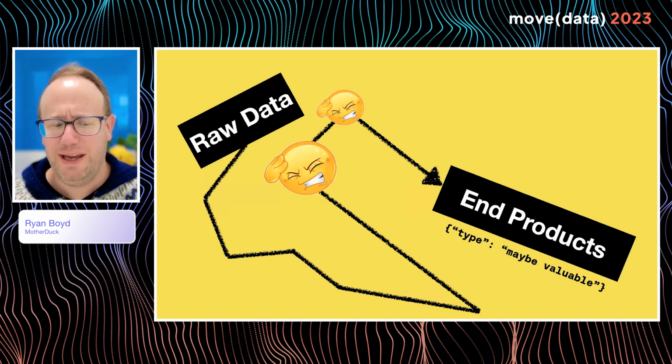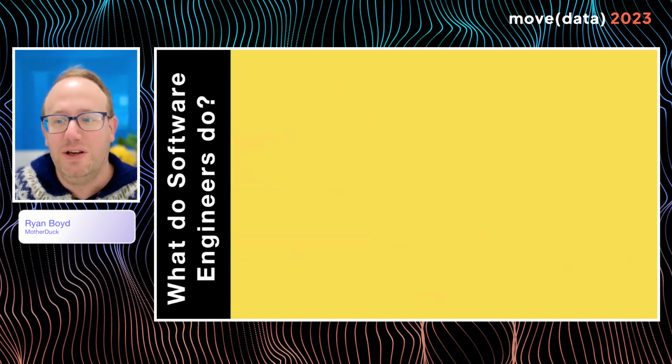So answer this question for yourself. Do you have data engineering life cycles that look like this, that are causing you these headaches? If you do, then maybe we should look at software engineering practices and see if that will improve your headaches or lessen them at least.